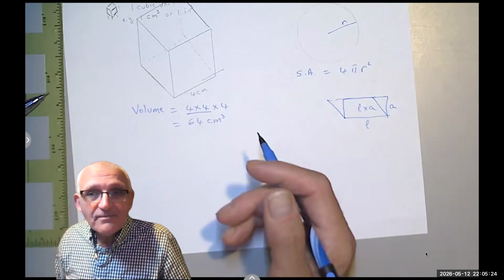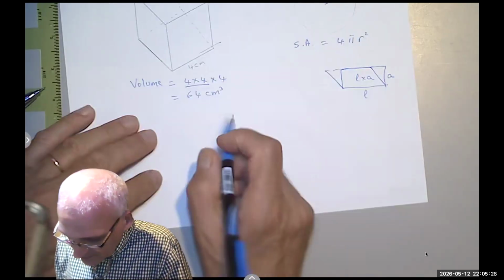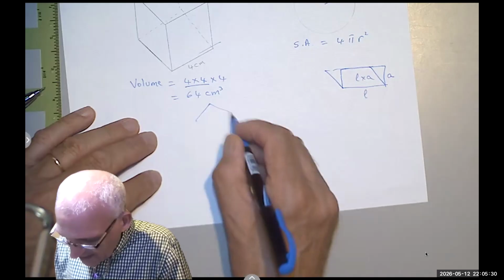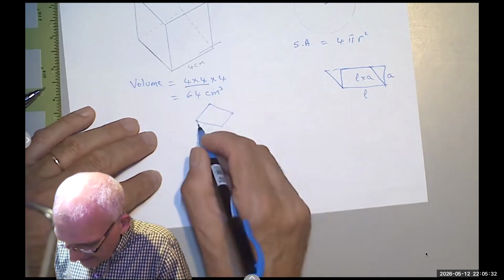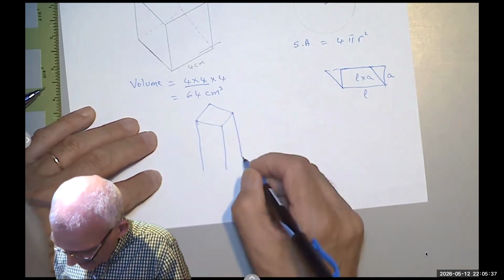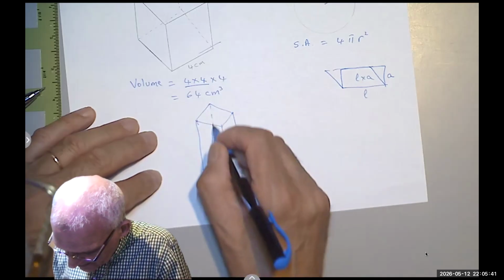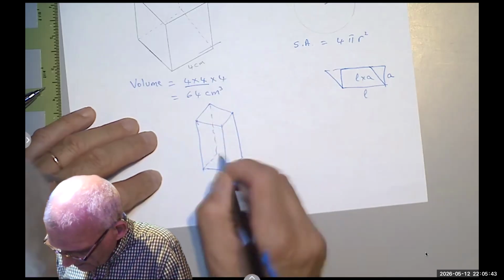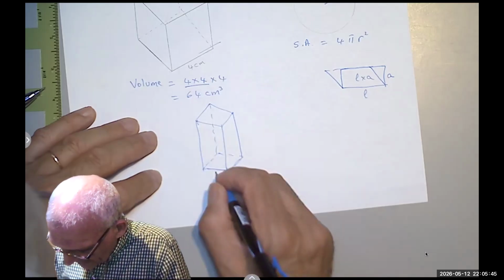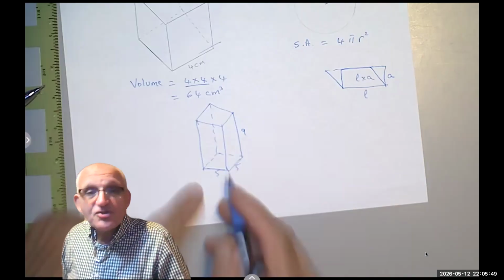But if it's a rectangular prism, so I have a rectangular prism that looks like that. And let's say this is 5, this is 5, and this is, let's say, 9. And I ask you, what is the volume?